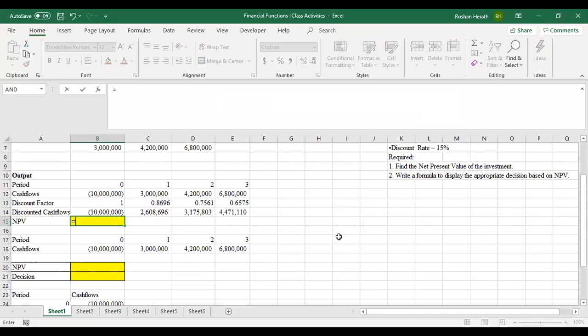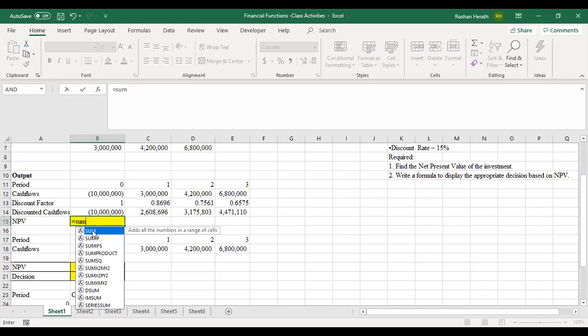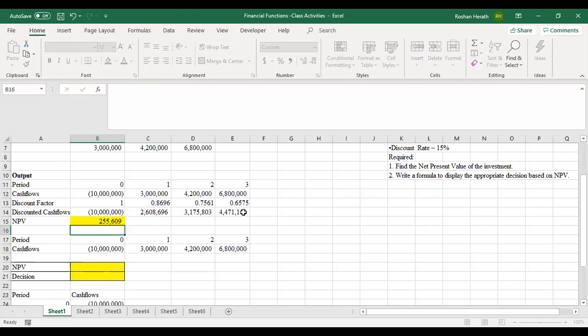Accordingly, we could compute the NPV. Sorry, we need not take the NPV separately. All you have to do is take the summation, and that will give you the NPV. This is how we manually compute the net present value: you take the net cash flow, then the discounting factor, and thereafter the discounted net cash flow, and then simply take the summation.